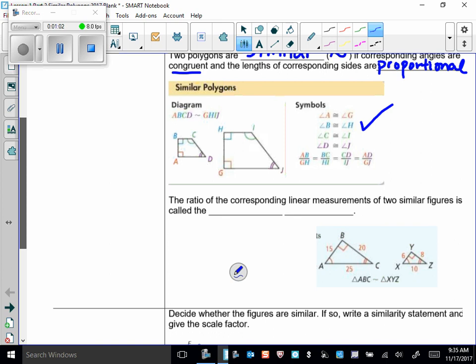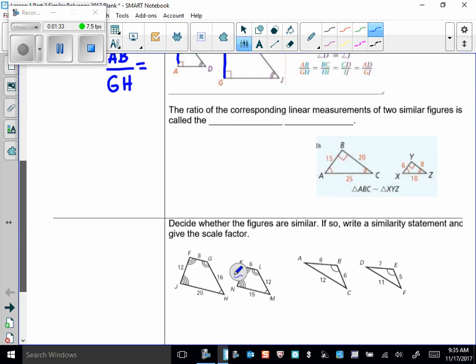In other words, AB over GH has to be the same fraction as the fraction of all the other corresponding sides when you put them in a ratio. The ratios of the lengths of the corresponding sides all have to be the same. That means the corresponding sides are proportional.